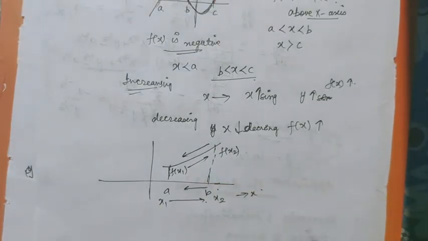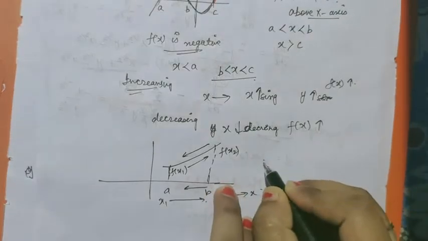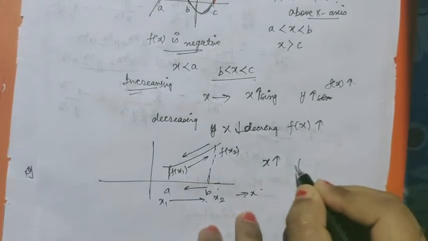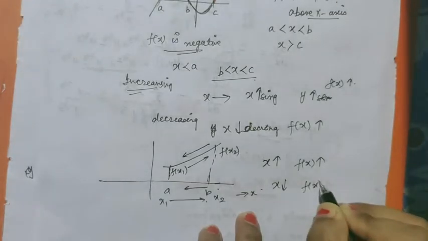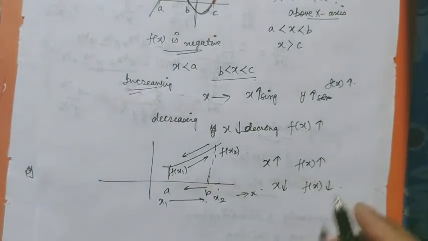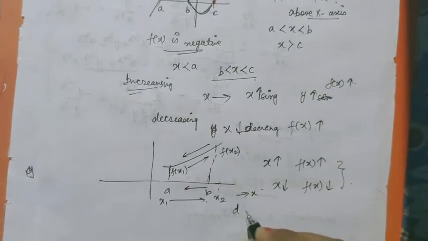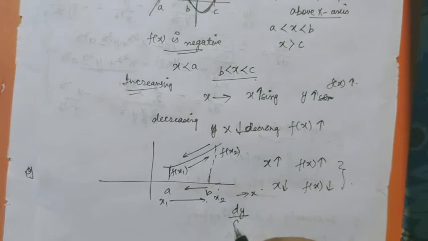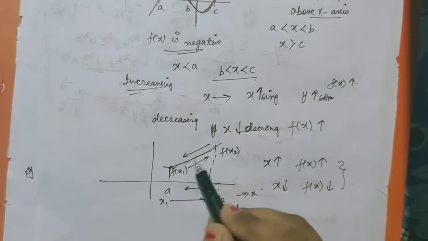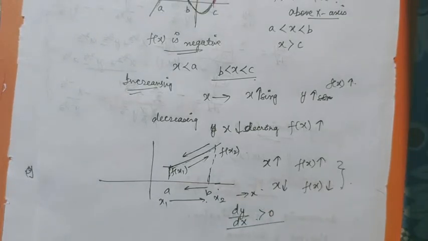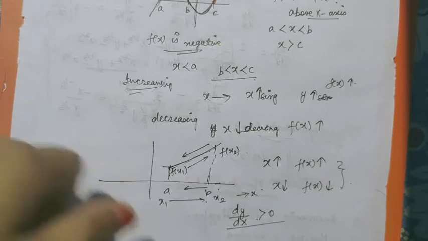Means in case of increasing function, when x increases, fx also increases, and when x decreases, fx also decreases. These are the conditions for increasing function. You can also say that dy by dx should be greater than 0. At every point dy by dx will be greater than 0.